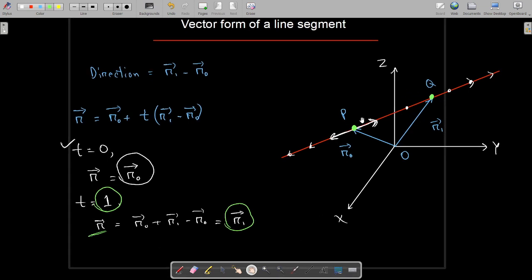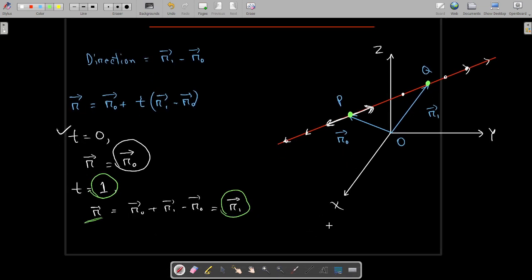So the equation of this PQ line segment just becomes R equal to R naught plus t times R1 minus R naught, under the condition of this: when the value of t is greater or equal to 0 and less or equal to 1, then this will indicate the PQ line segment.